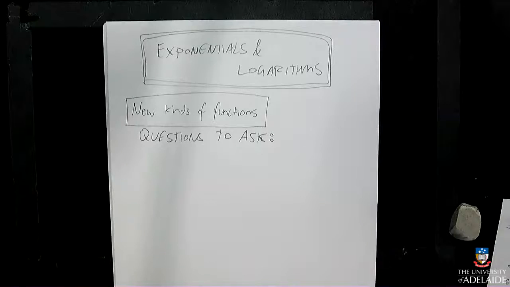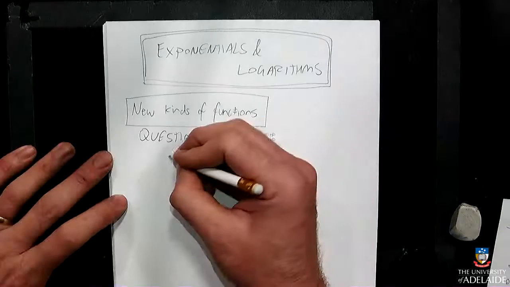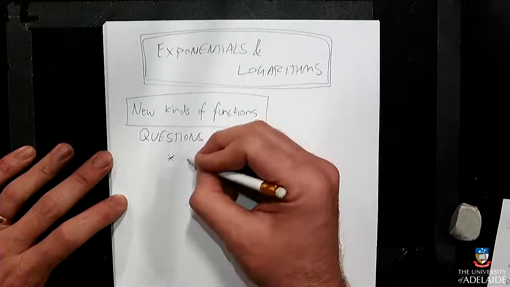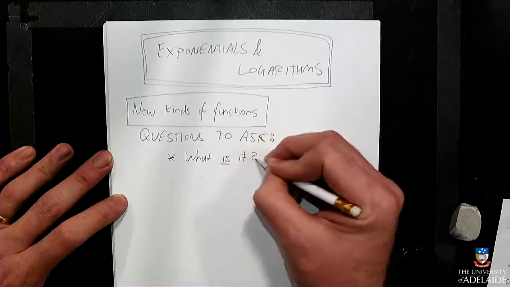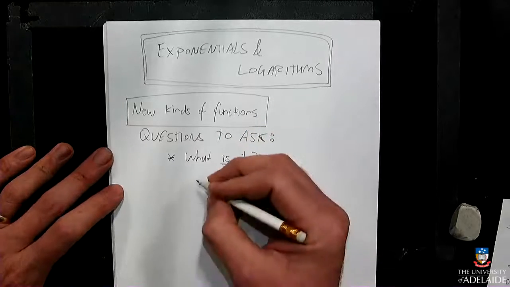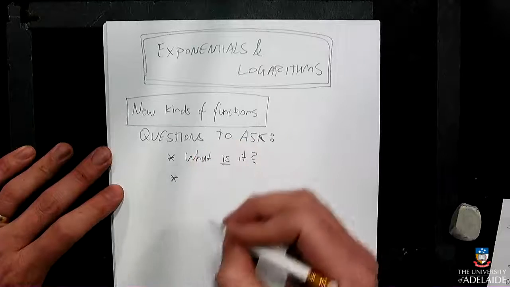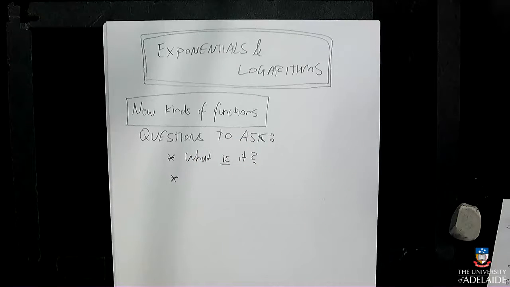So, the questions that we need to ask are, what does it mean? Like, how do you do it? What is it? And since it's a function, we should know what its graph is like.